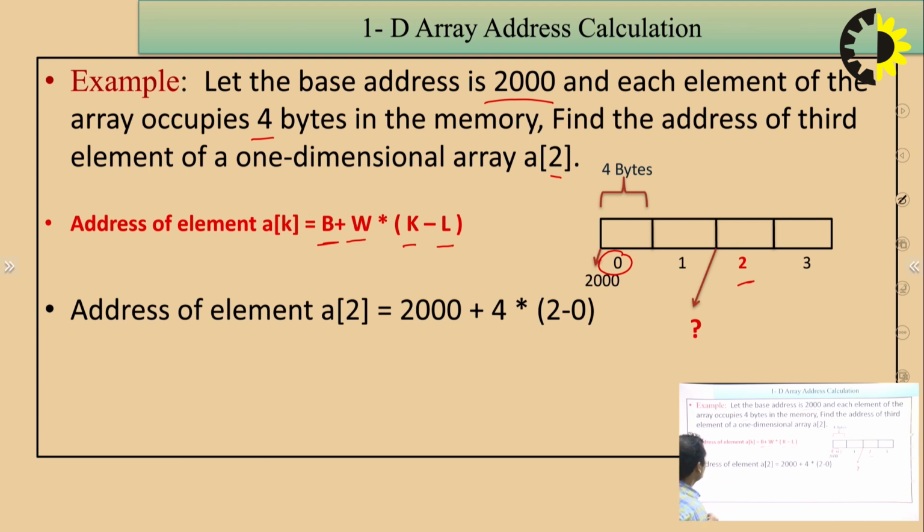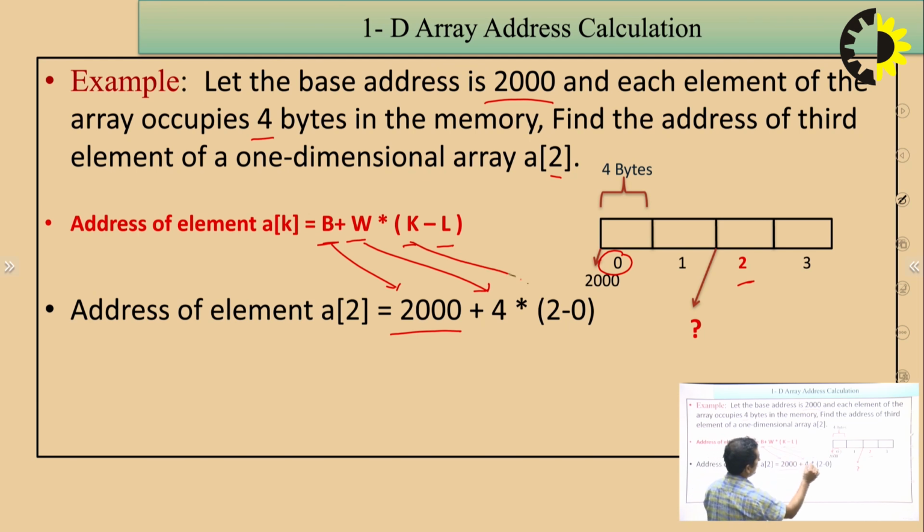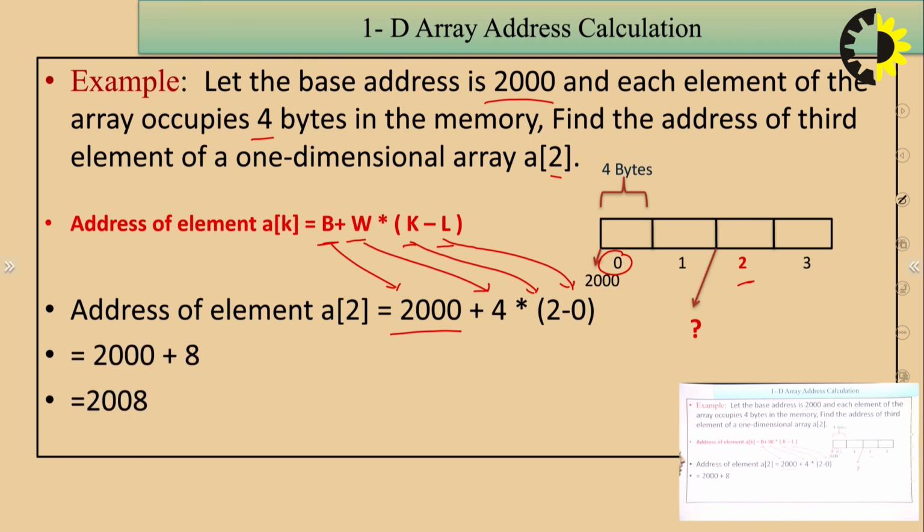Now 2000, B, plus word size 4, times K, the index to calculate, minus L, which is 0. After calculating, 2000 plus 8, that is 2008. So this is very simple, because an array occupies continuous memory locations, so no need to worry.